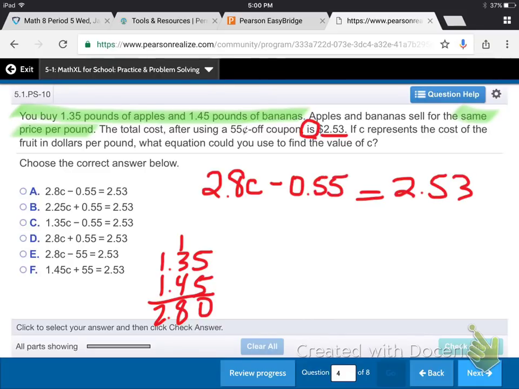So we don't have to multiply by C. And so, here, let me change my pen color. Here is the price we are paying for all of our fruit, 2.8 pounds times the number of pounds. Then we're subtracting 55 cents, and it equals the total cost. So now just look for the match. What do you think? Can you spot the answer? I think it's going to be A.